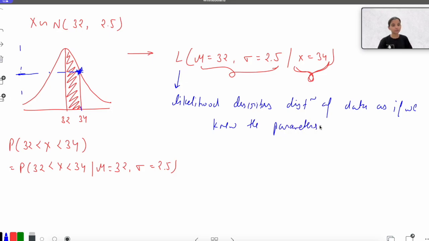Because there is a relation between the likelihood and the density functions, that you can say L of theta given y, the likelihood of theta given y, is equal to f of y given theta.